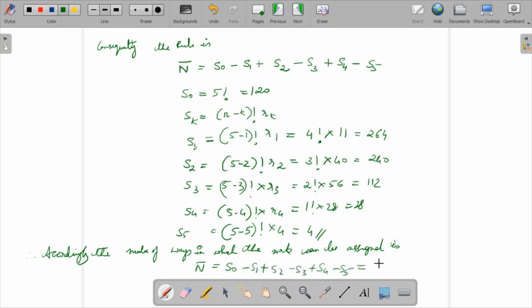So this gives 120 minus 264 plus 240 minus 112 plus 28 minus 4. This results in 8. So this is the answer for this particular problem.